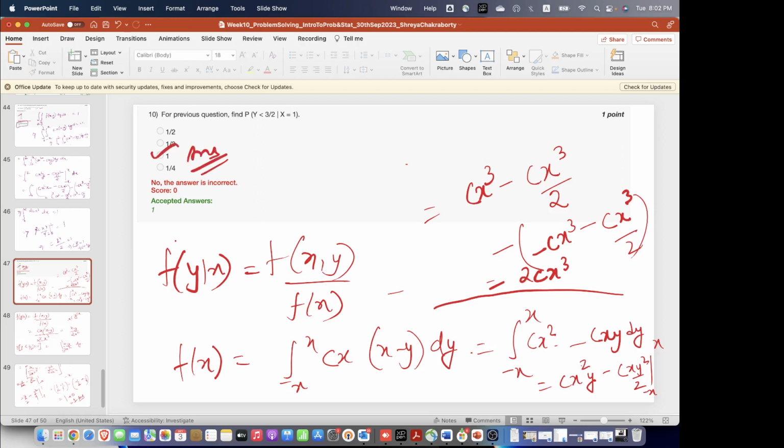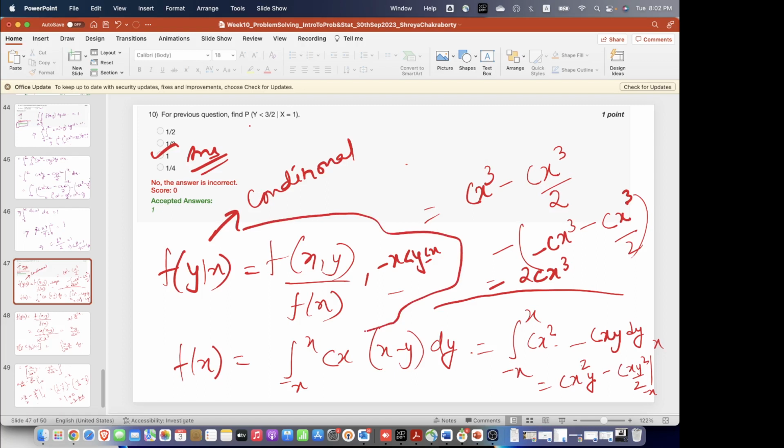So the catch is here. First you have to find out this is called the conditional distribution. Okay? Get the conditional distribution, substitute given x whatever you have, and then find out. So the conditional distribution here, y will range from minus x to plus x.